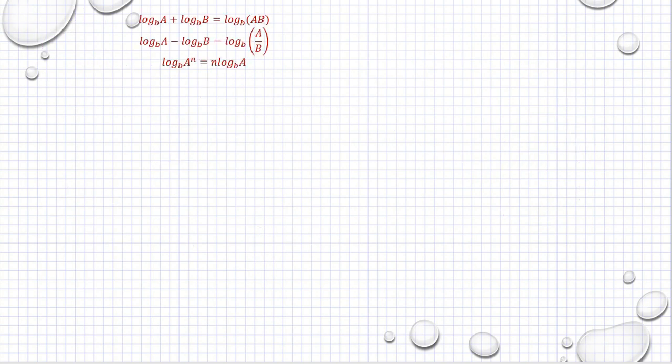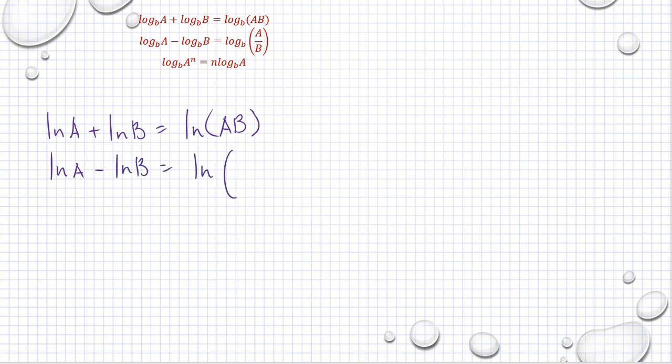And in logarithm, we learned also different laws of logarithm, like this one. Logarithm of a plus logarithm of b is equal to logarithm of ab. If we transform that in ln, we have ln of a added to ln of b is equal to ln of ab. Ln of a subtracted by ln of b is ln of a divided by b.